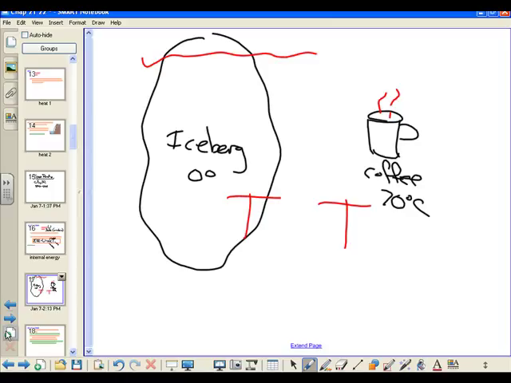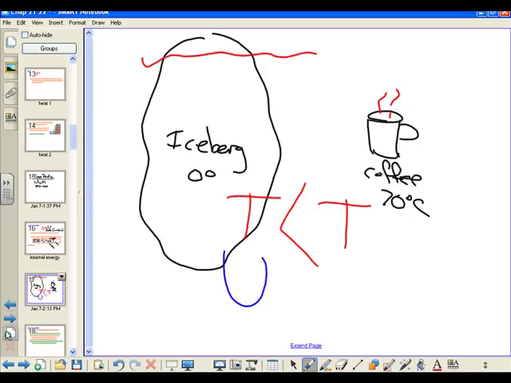Which is going to have a greater average kinetic energy? The coffee, right? That's our temperature. The coffee has a greater average kinetic energy. But remember, when you're talking temperature, how many molecules are you really talking about? One. The average one molecule. So, the average one molecule of our coffee has much greater energy than the average one molecule of our iceberg.